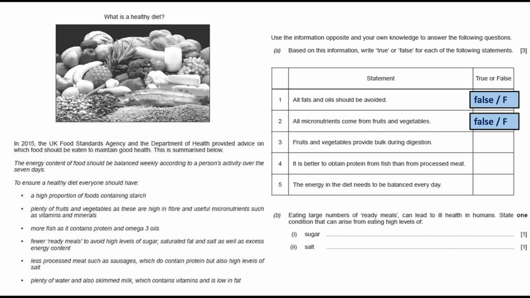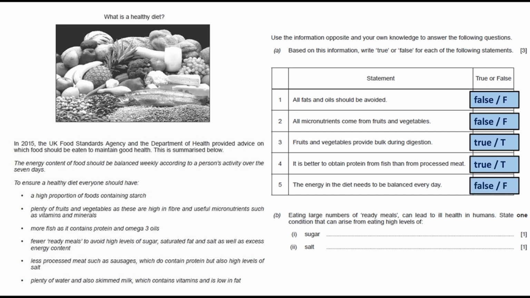Fruits and vegetables provide bulk during digestion is true. Number 4. It is better to obtain protein from fish than from processed meat is true. Number 5. The energy in the diet needs to be balanced every day, and that's false.